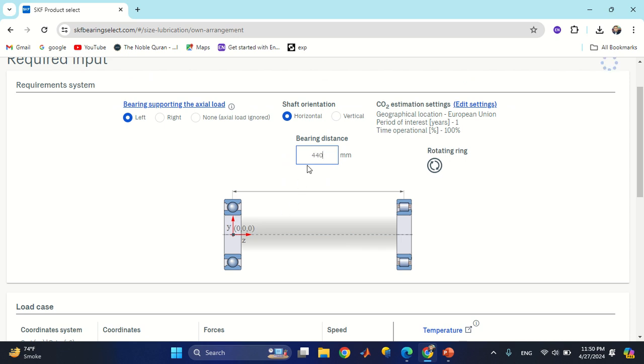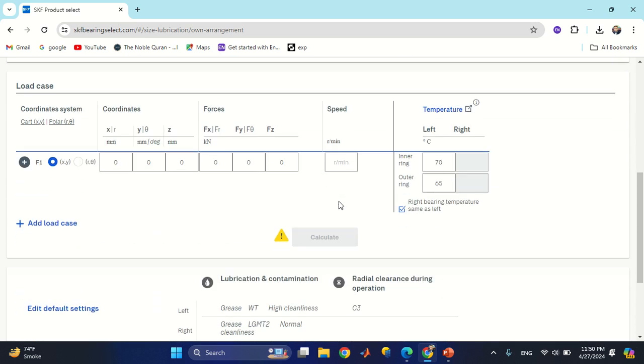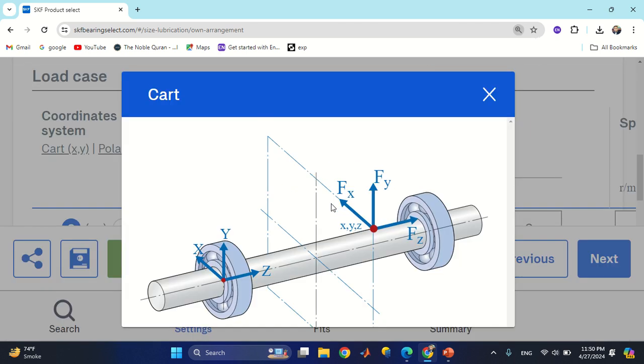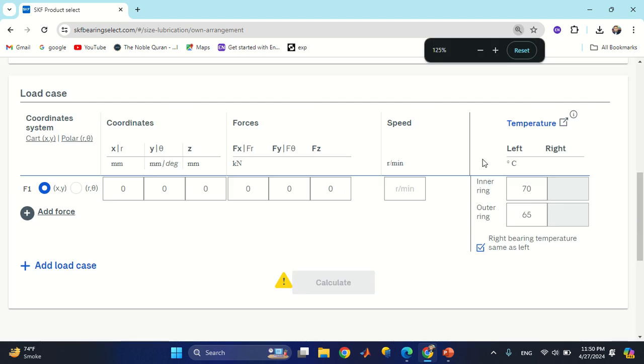So input the value, whatever it is, and below is the coordinate system. I'm zooming in. This is the exact coordinate system I used to find the reactions of the bearings.